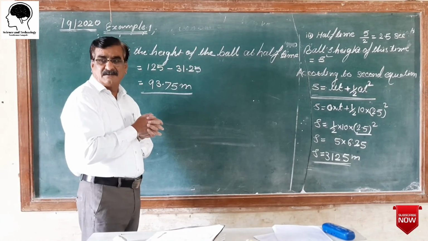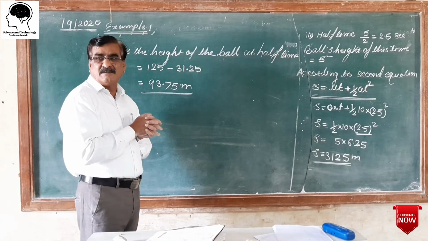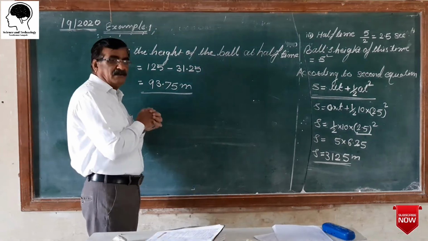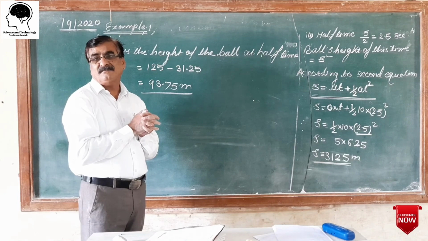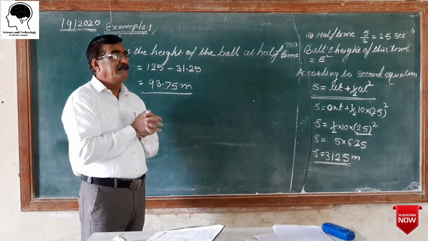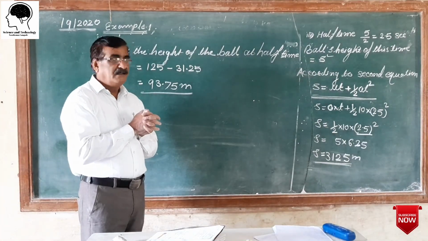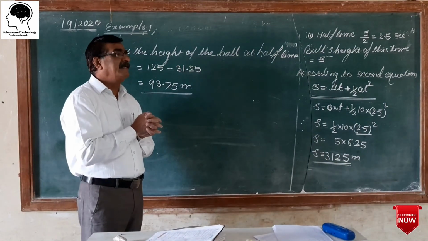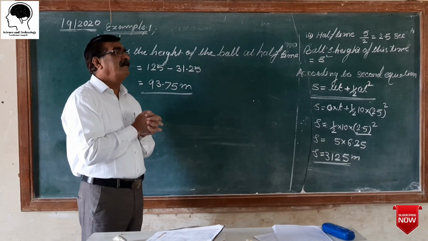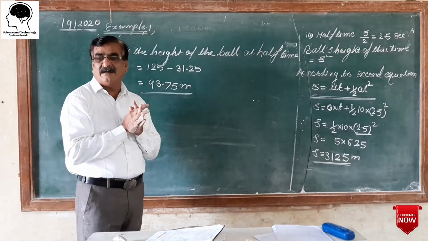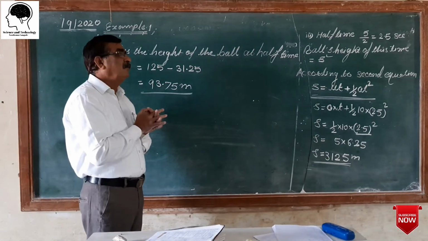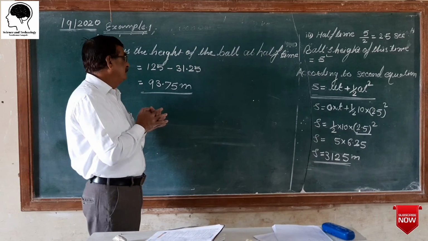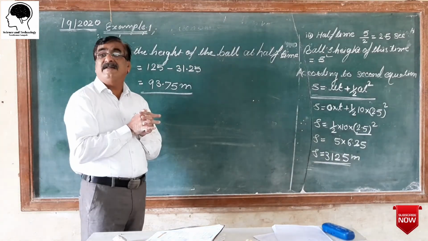You can tell about it, how is it possible? It is possible because of acceleration. When the ball is released from 125 meter, it starts to fall with increasing velocity.